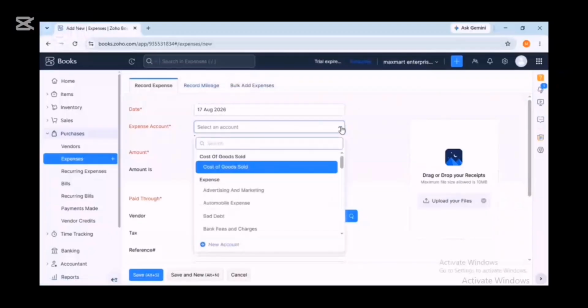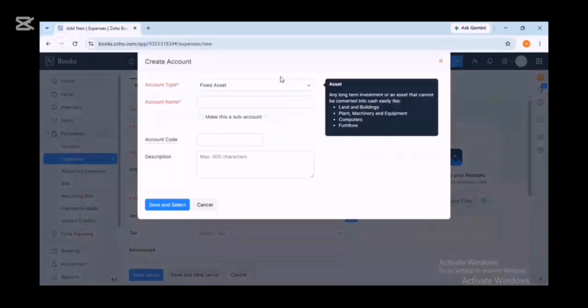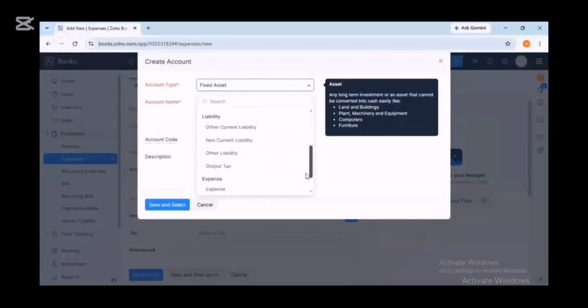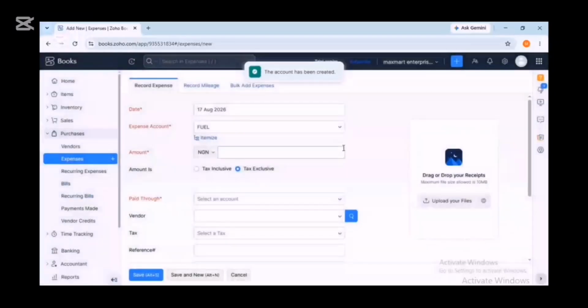next expense. Let's create new, select expenses, because the type of expense is the fuel account. That's that.